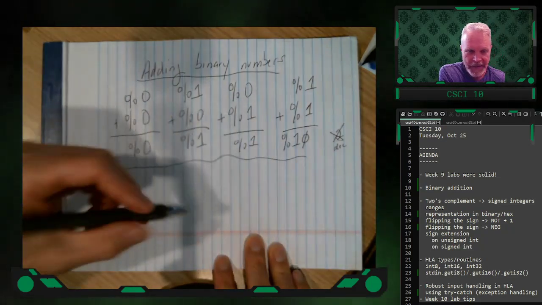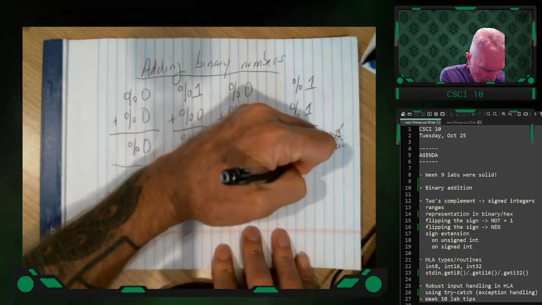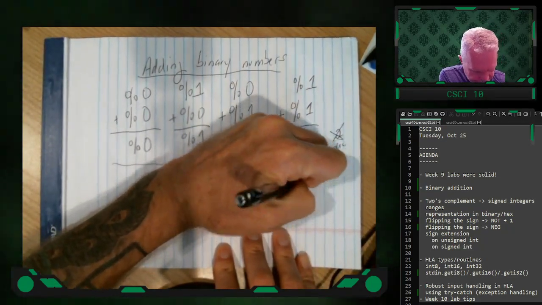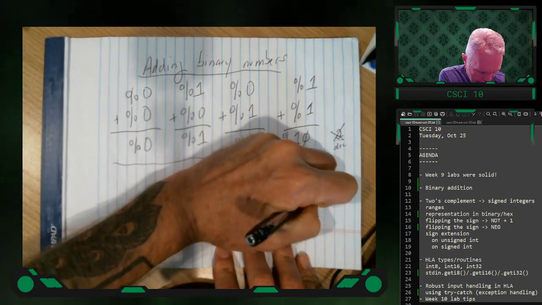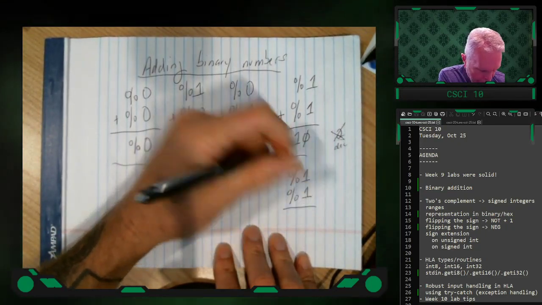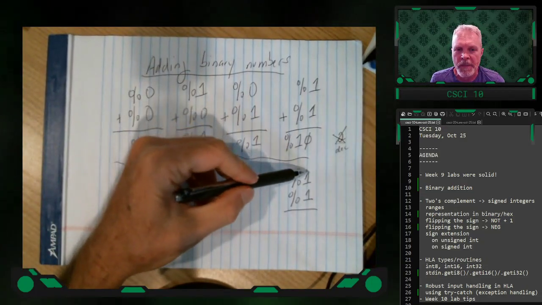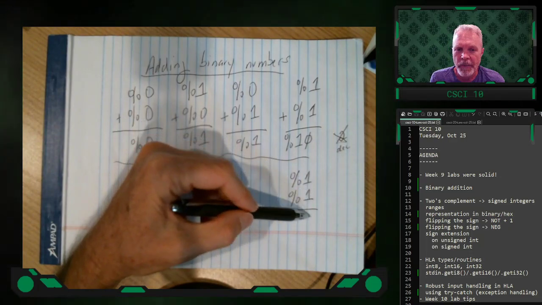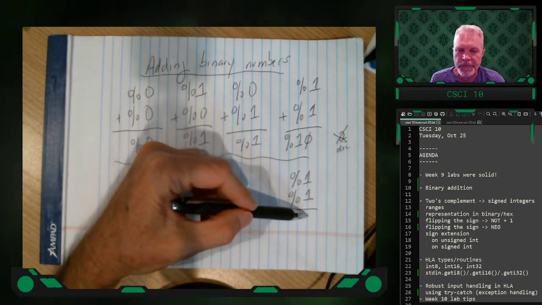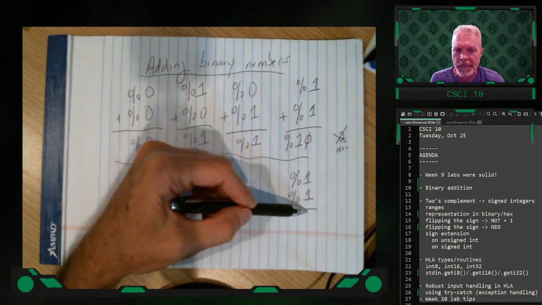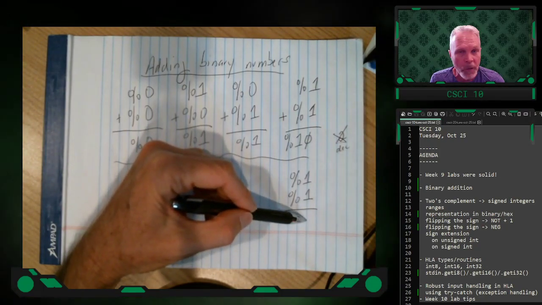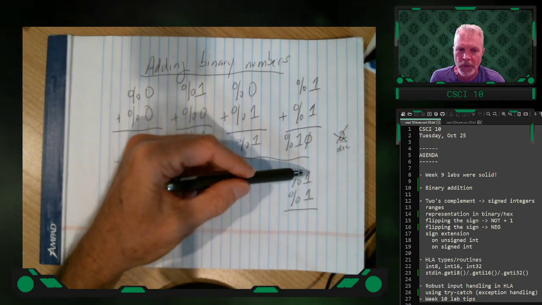Hopefully most of you did long math because it's useful for this. I'm going to go right to left this time. So let's do it long math style and remind ourselves what this looks like. In long math, we go one column at a time, and then if there's any spillover or carry, we deal with that.